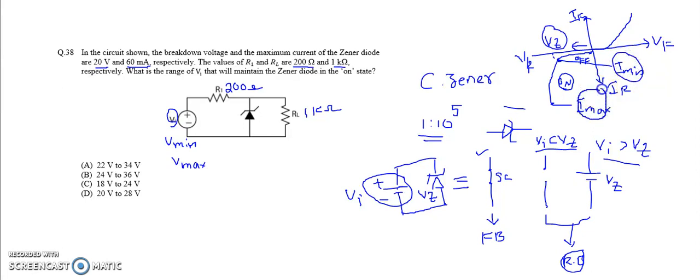I minimum is in the microamperes range and I maximum is in the milliamperes range. This is the basic requirement that we have to understand to solve this problem with the help of the minimum concept regarding the Zener diode.